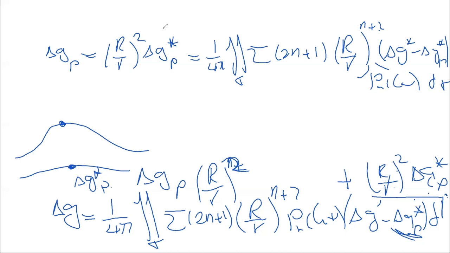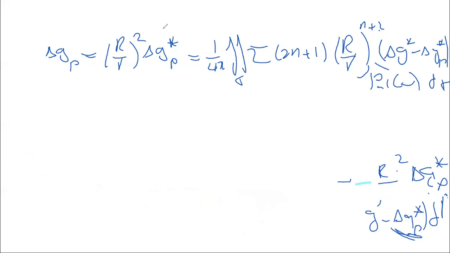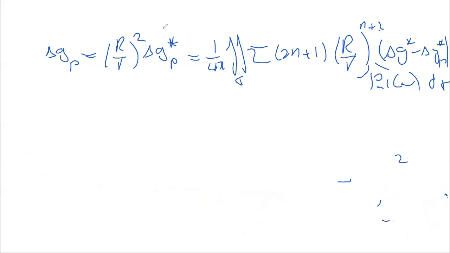So how do we solve that? Okay, in an iterative manner. We write it like this. I say that okay, at the first approximation, I assume that this delta GP star, the first side, equals to delta GP that I have.